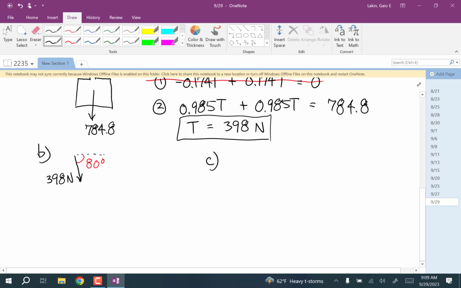And then for C, it's the same thing, but the cable is pointing this way, where this angle is 30 degrees. Anybody have any questions about that?